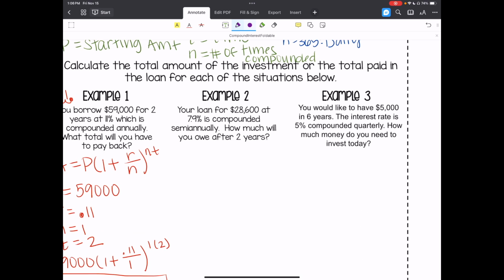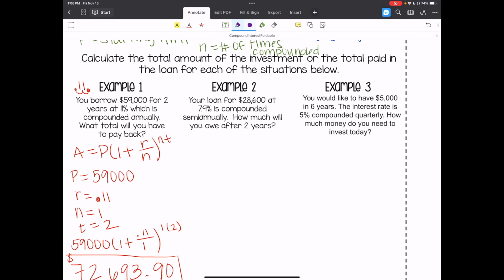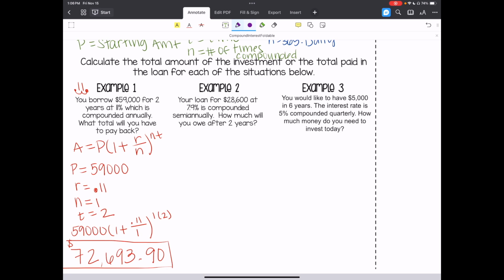So let's look at example 2. I encourage you to pause the video and try it on your own and then return to see if you get it right. Okay, so our starting amount, our P value, is 28,600. Then we know our rate, it said 7.9.